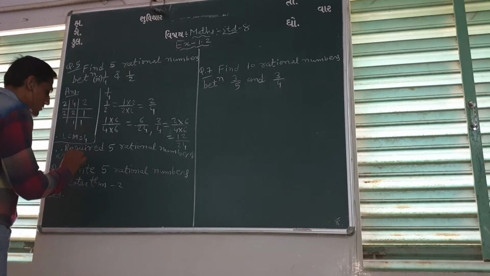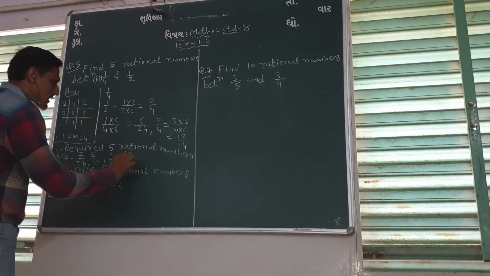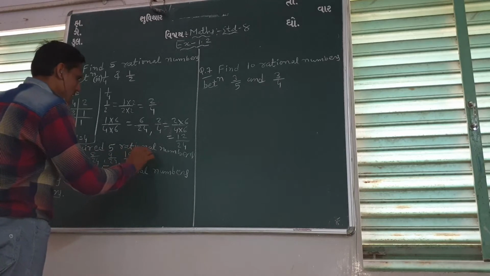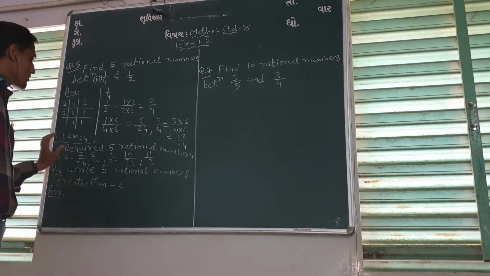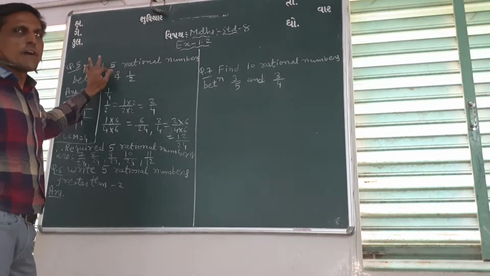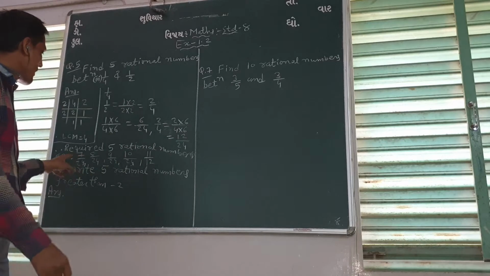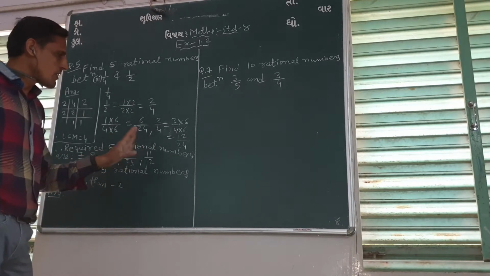So 7 by 24, 8 by 24, then 9 by 24, 10 by 24, then 11 by 24. So how many numbers? 1, 2, 3, 4 and 5. We want 5 numbers. Between 6 by 24 and 12 by 24, we got 7 by 24, 8 by 24, 9 by 24, 10 by 24 and 11 by 24.